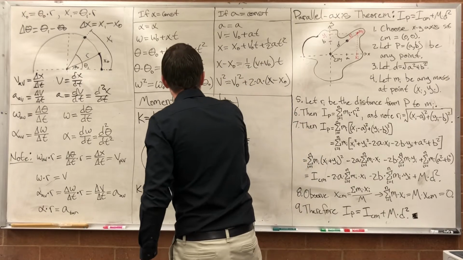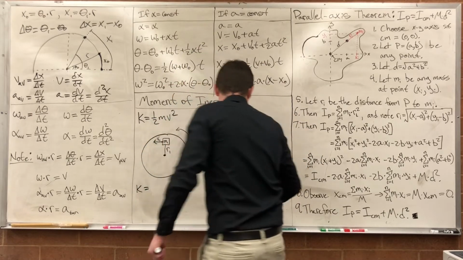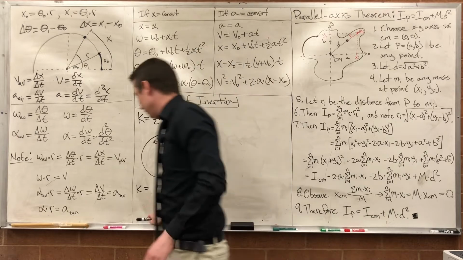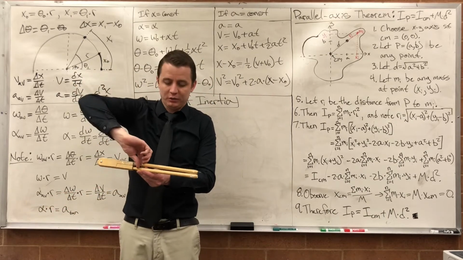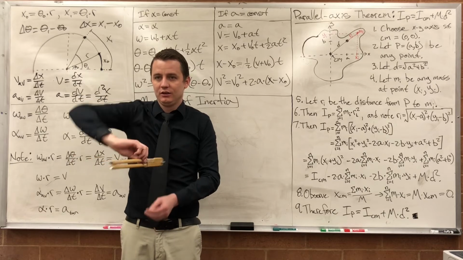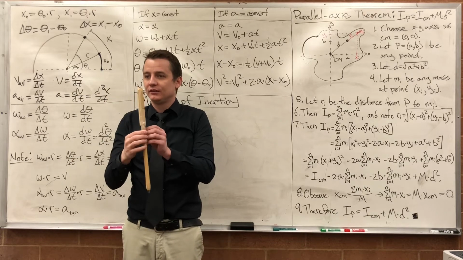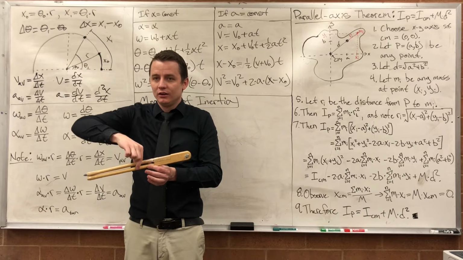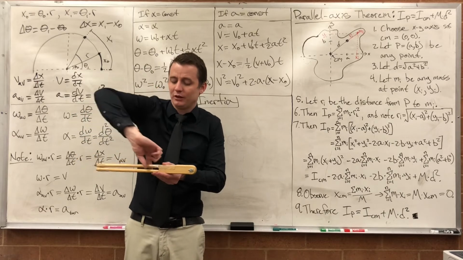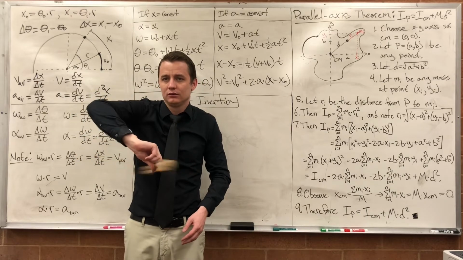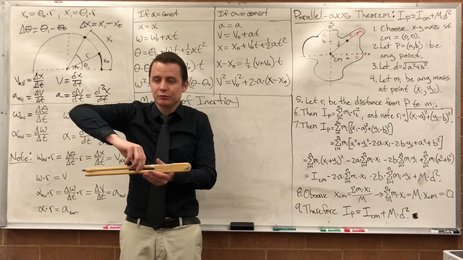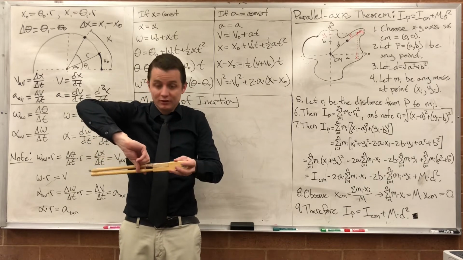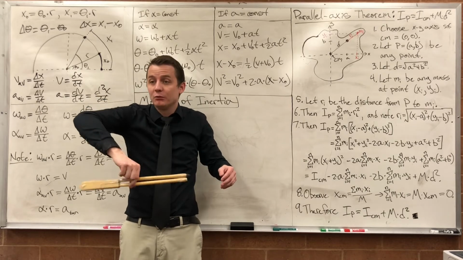talking about moment of inertia. And I've already tried to motivate it for you a bit. Fundamentally, the reason that it's harder for me to rotate this way than for me to rotate it this way is because it takes more energy. If I were to rotate them at the same speed, when I rotate this way, the masses of the objects have way more kinetic energy.